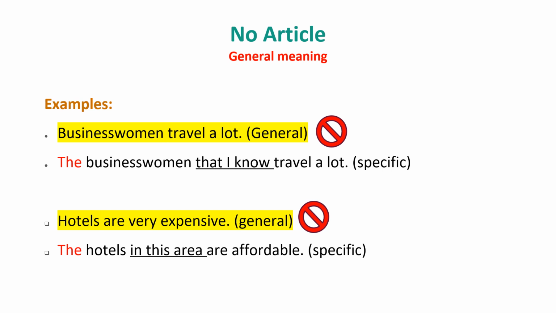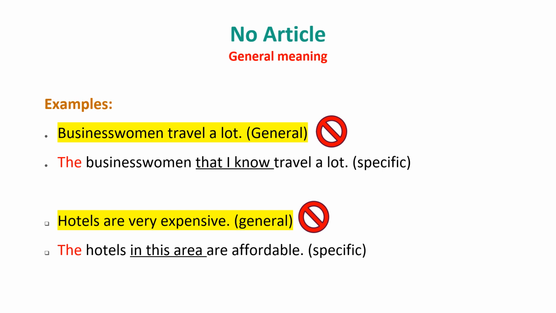Here, we do not need an article because we are talking about businesswomen in general. The businesswomen that I know travel a lot. Here, we are talking about specific businesswomen.